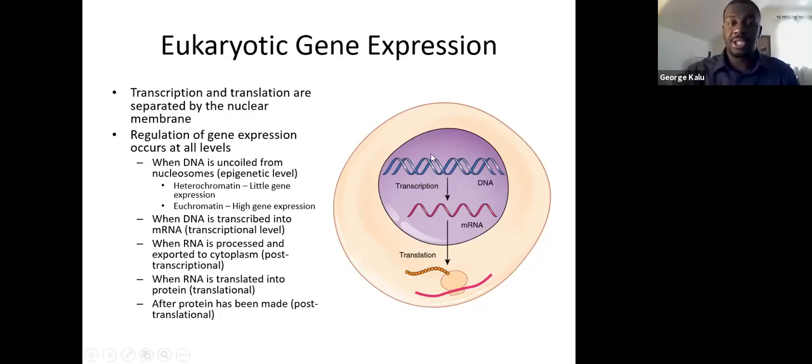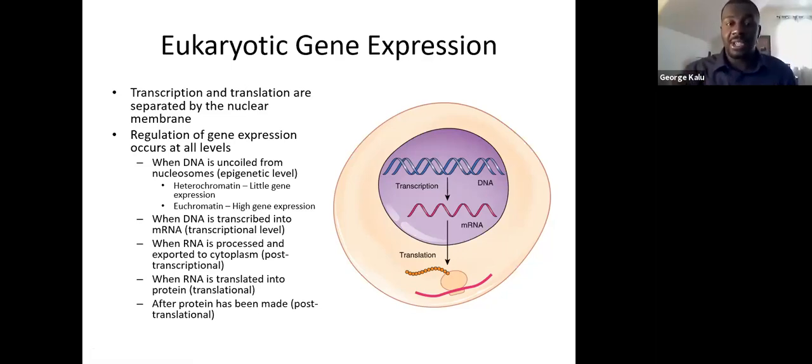One way that we can regulate gene expression is whether our DNA is condensed or less condensed. Remember, last week we were looking at heterochromatin, where you have the DNA being very, very condensed around the nucleosomes, and then euchromatin, where the DNA gets kind of loosened up around the nucleosomes. In heterochromatin, because everything is so condensed, there's not very much room for any of the enzymes to come in and begin transcription.